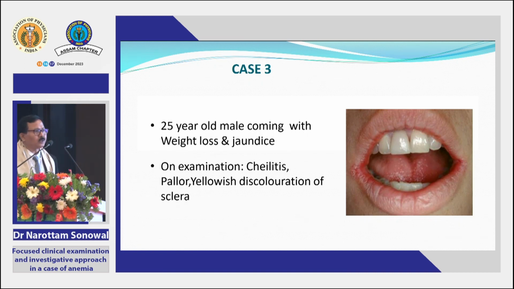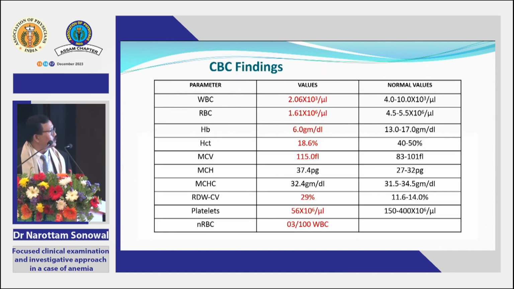On examination, we may find pallor and yellowish discoloration of the sclera. CBC findings: WBC 2.06 per 10 to the power 3 microliter, RBC 1.61 into 10 to the power 6, hemoglobin 6 grams per deciliter, hematocrit 18.6, and MCV high at 115 femtoliters.